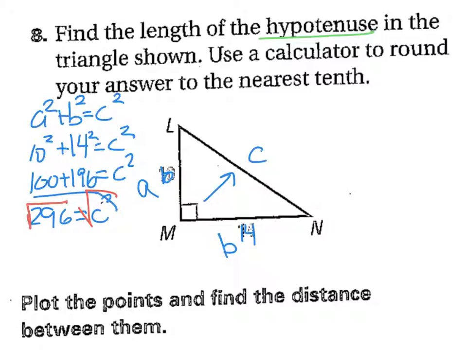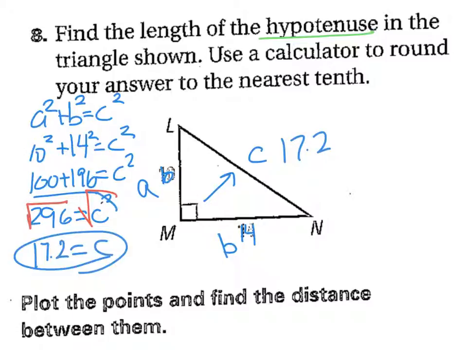And the square root of 296, as soon as I find my square root button on my calculator on my phone, there it is, C is equal to 17.2. Just like that. A squared plus B squared equals C squared. Pythagorean theorem. We spent a lot of time on that. If you need any help, let me know.